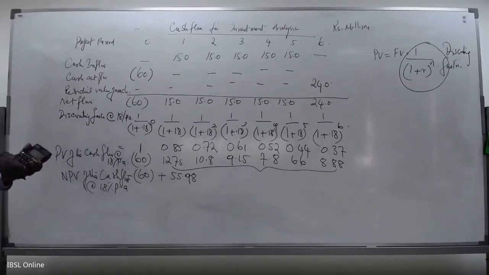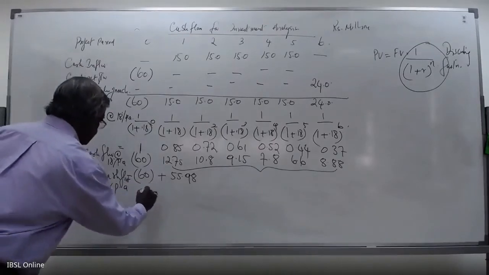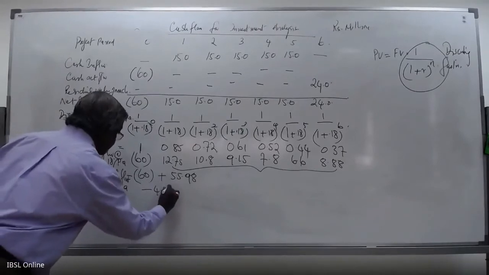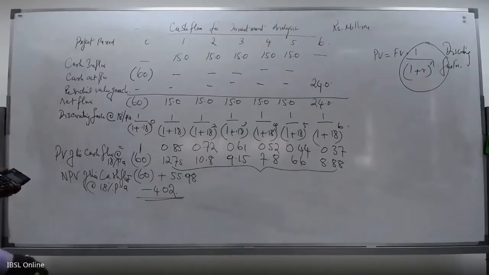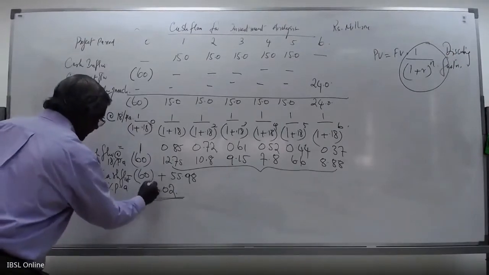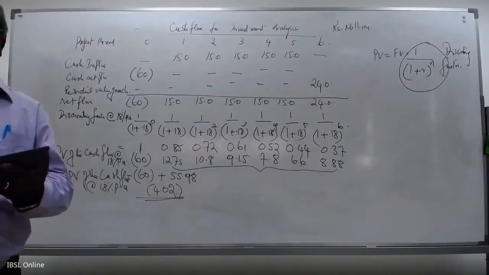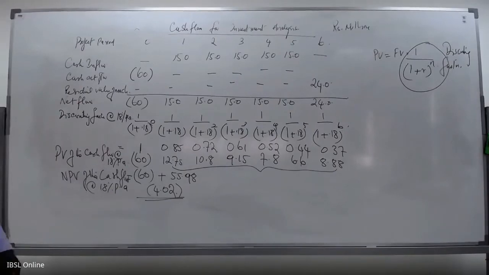So minus 60 plus 55.98 is minus 4.02. Negative, or you can put it in brackets. So for NPV, you are getting a negative value.